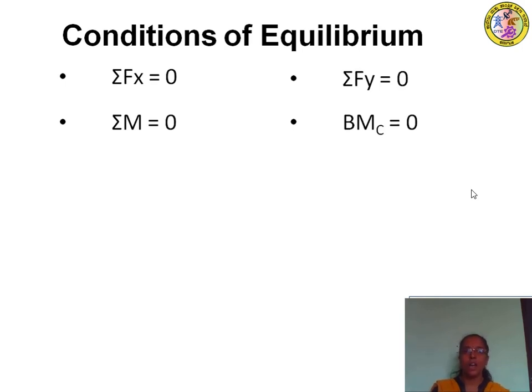A 3-hinged arch is a determinate structure. Using these 4 equations you have to find the reactive components. Apart from the 3 equilibrium conditions, you have to apply this additional condition: the bending moment at the crown, or at C, the third hinge, should be equal to 0. So these are the conditions of equilibrium.